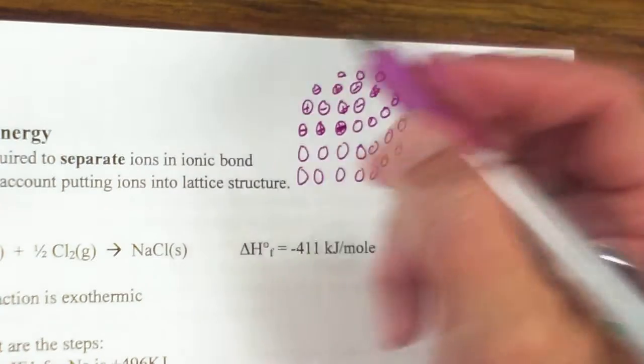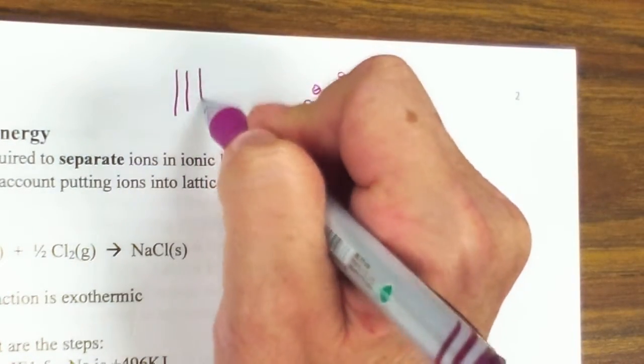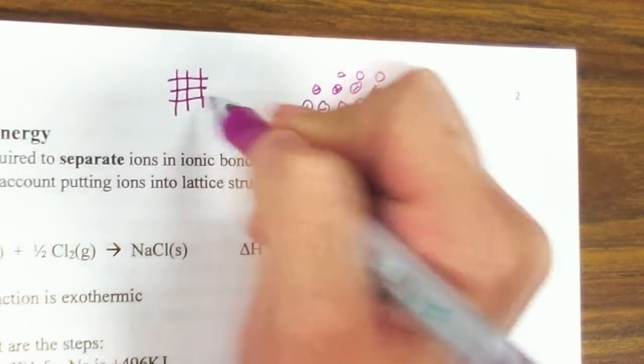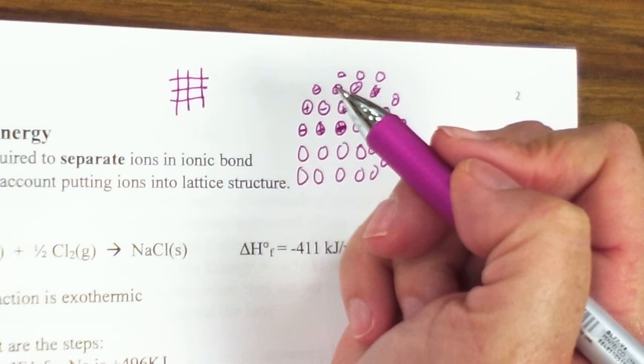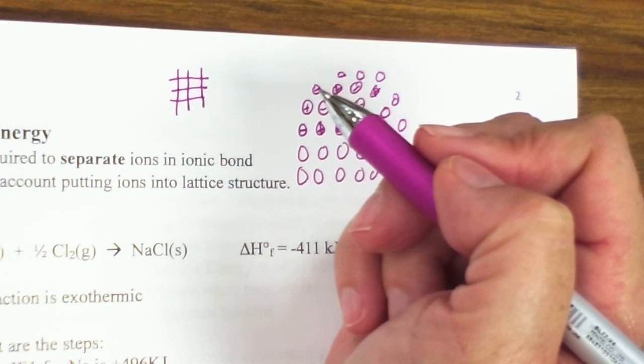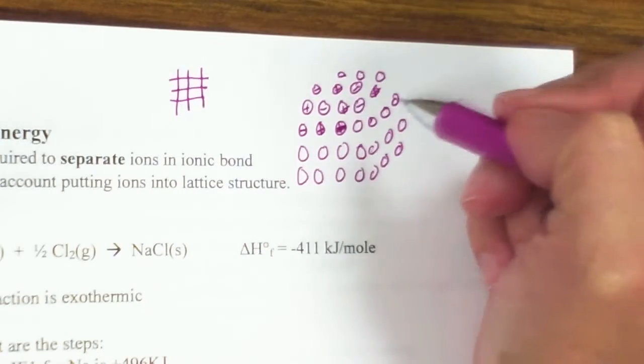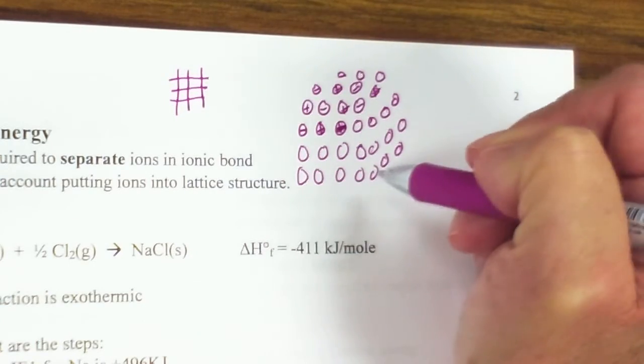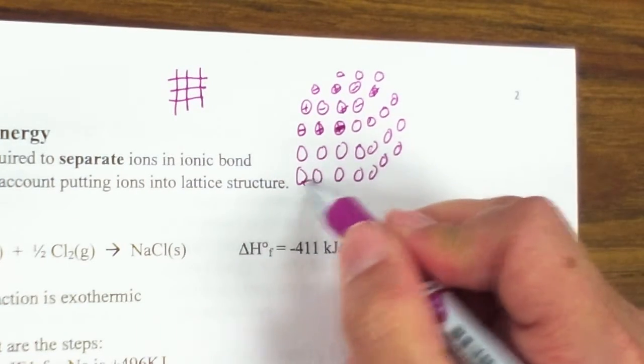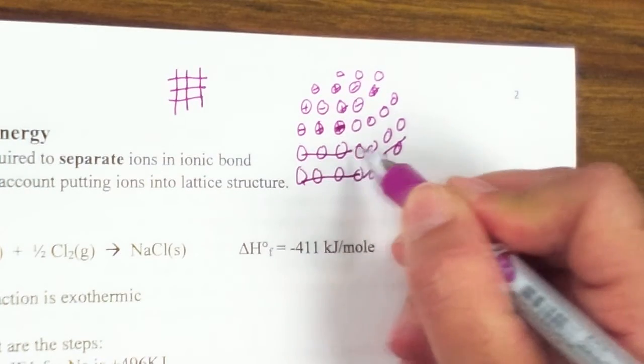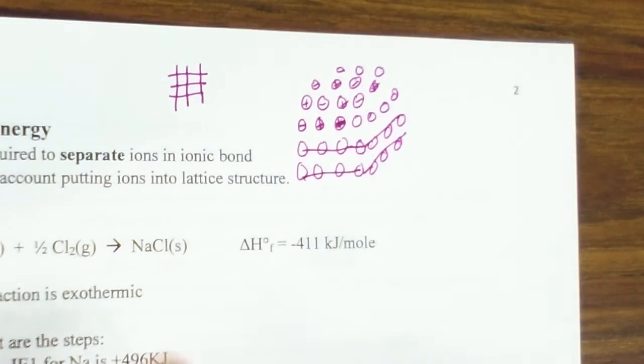A lattice structure is like this. This is like a lattice structure on a fence. You know, like a basket weave is kind of a lattice structure. They come together into this tight lattice structure, right? And they come together into this structure because of the positives and the negatives attracting each other.